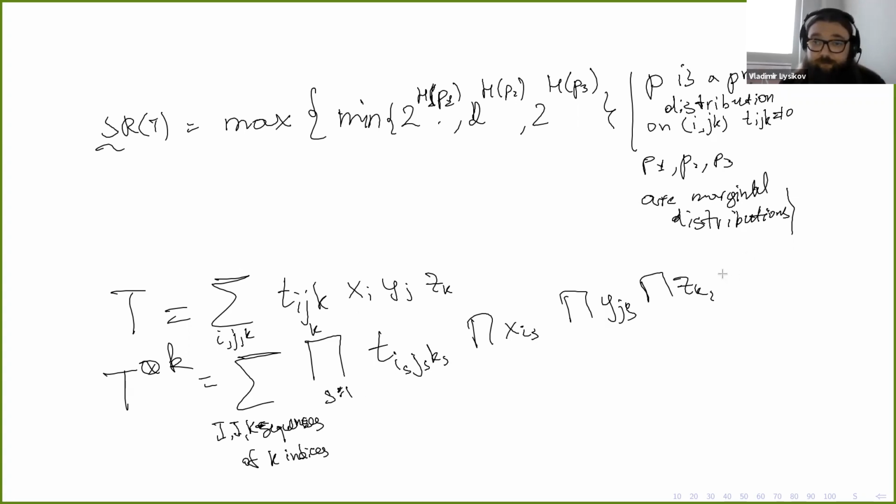And all these sequences we can separate by type.